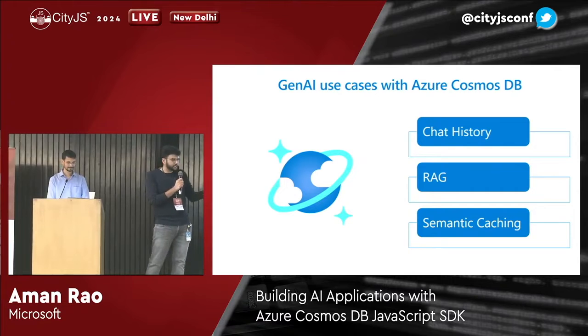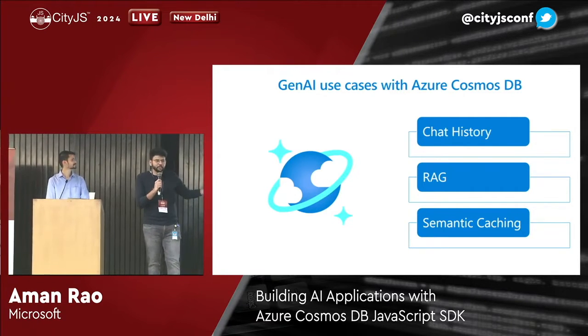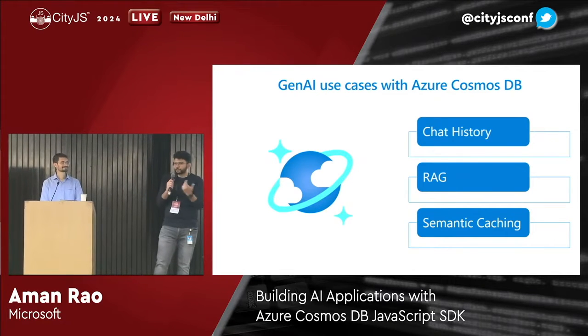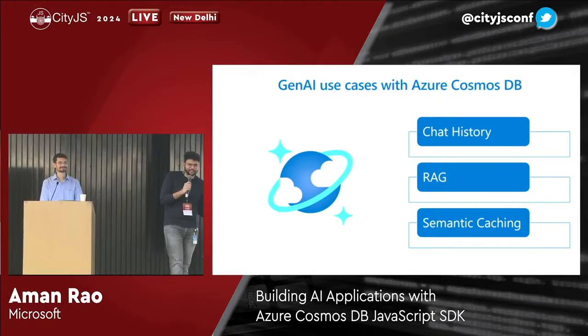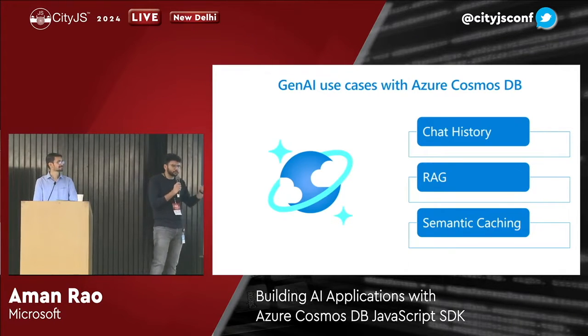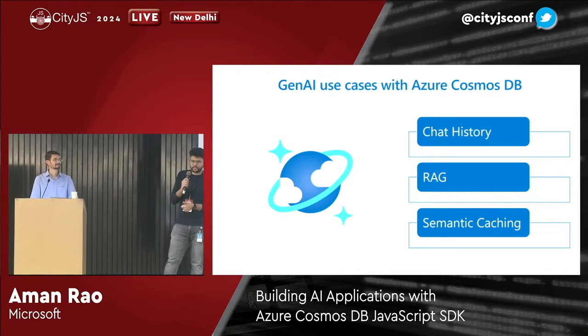And the third is the semantic cache. You must have seen that it was taking some time to load up the answer at that point, right? Like when we asked when is the lunch, or which speakers are talking about AI, you saw that it was taking some time. Vector search can help with that.